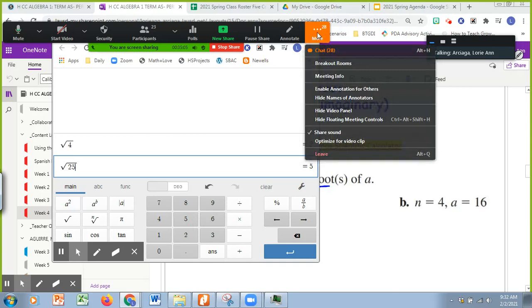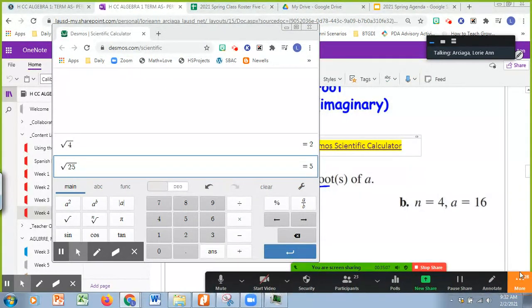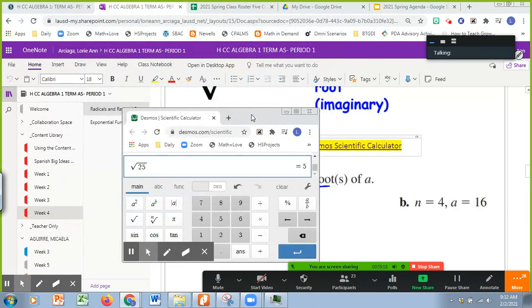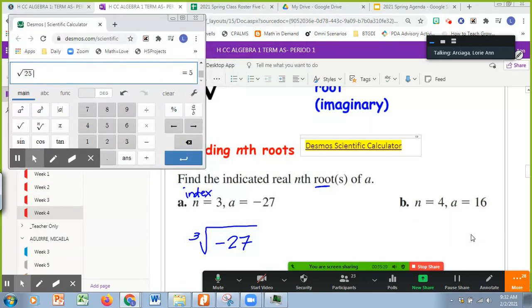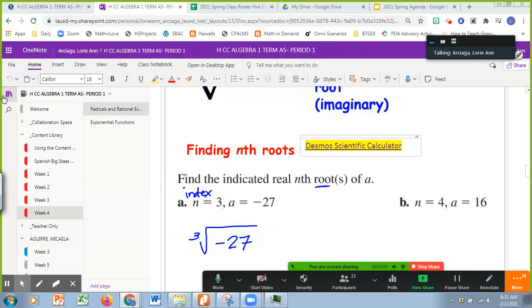Okay. So let's go back to our OneNote. The second one we're doing here is the fourth root of 16. Let's do that.